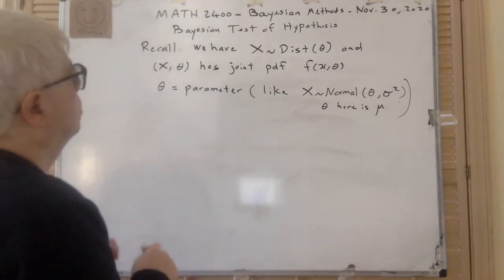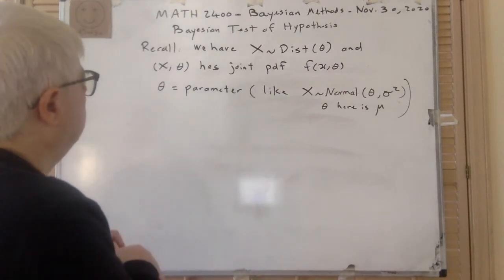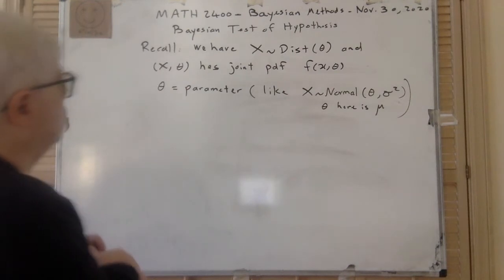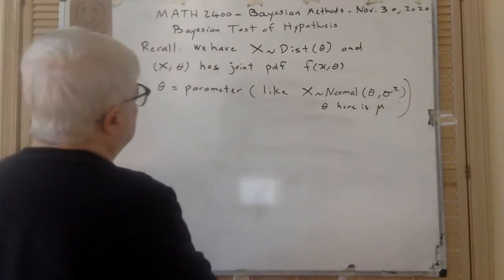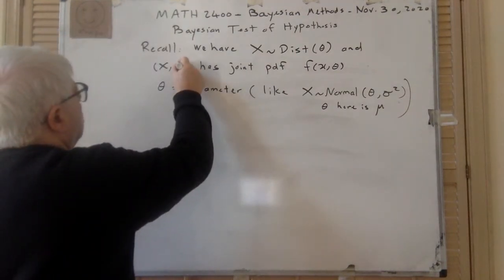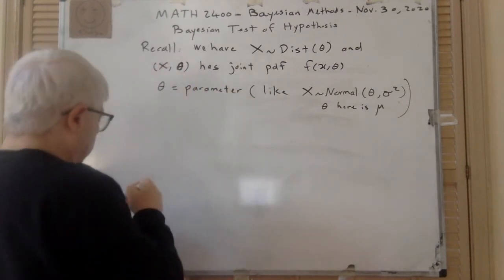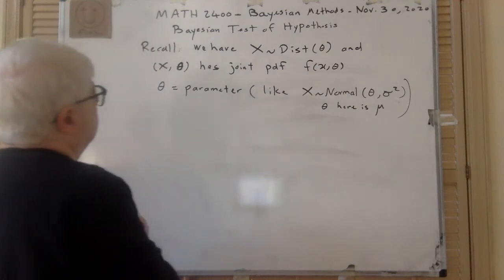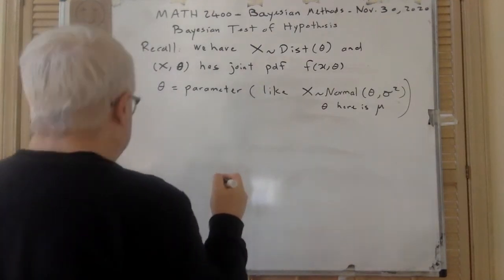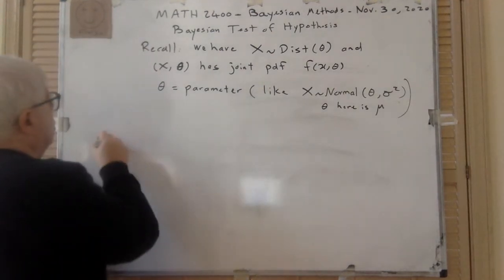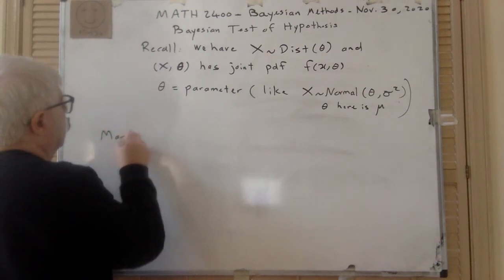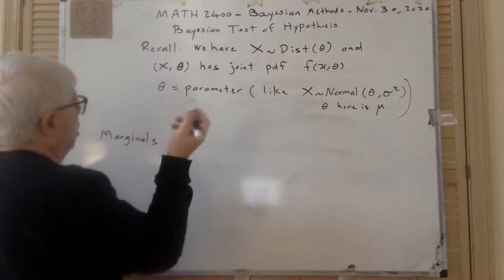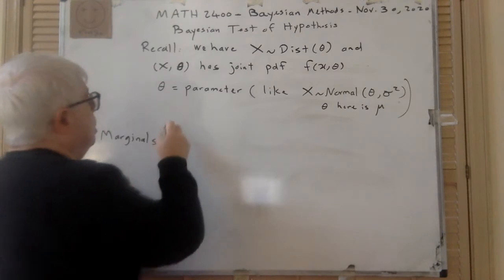Okay, so we assume that the random variable X and theta, this is also capital Theta, they have joint PDF f of X theta, and so what we need here is marginals. We might need, I'm not saying definitely need that.